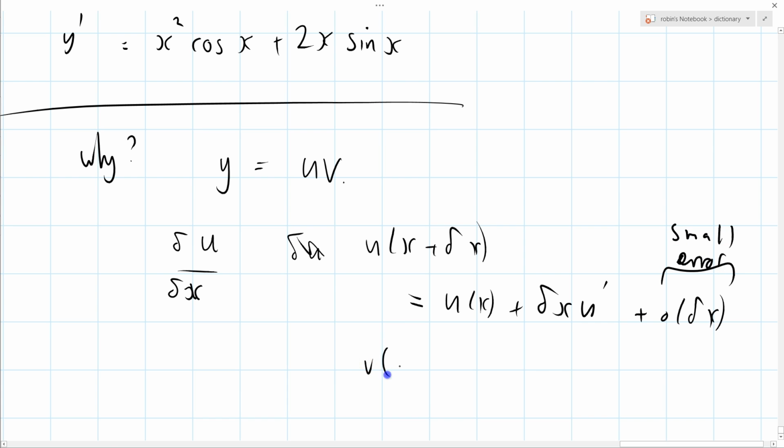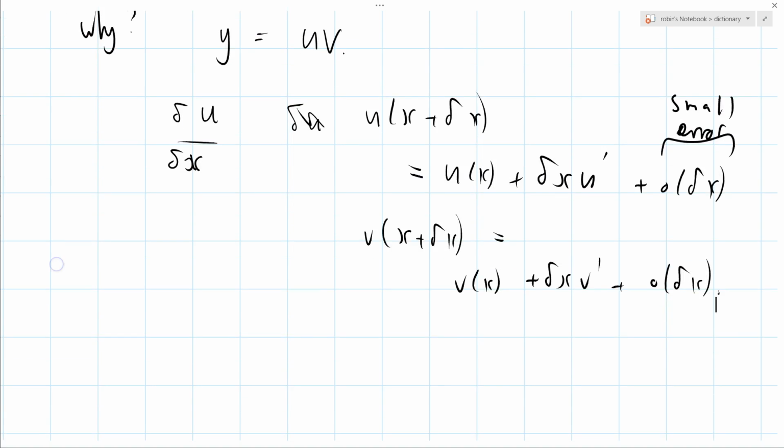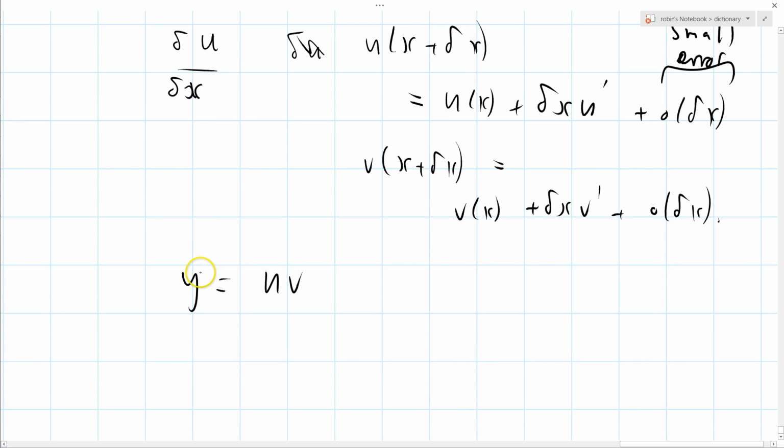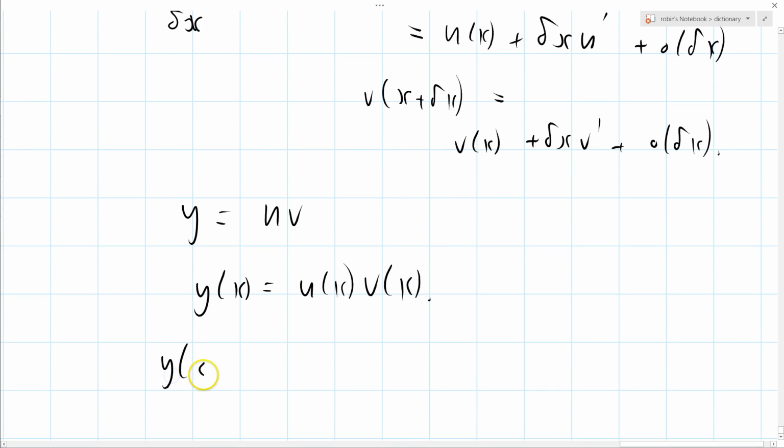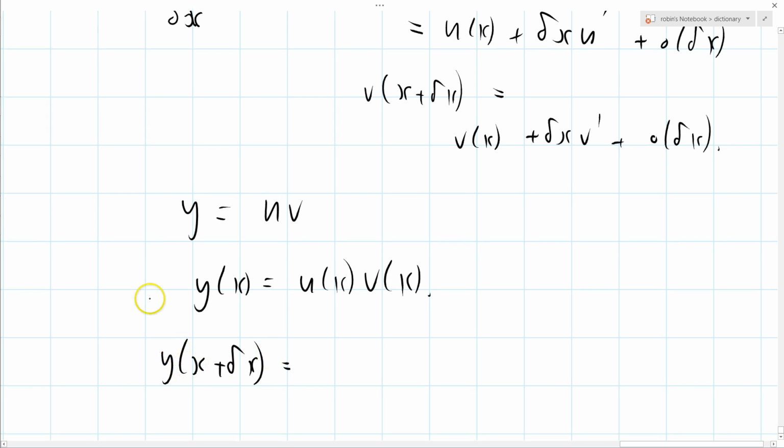And of course, v of x plus delta x equals v of x plus delta x v dash plus little o of delta x, just the same formula, which I'm going to ignore. Alright, so if y equals uv, what I mean is y of x equals u of x v of x, then what's y of x plus delta x equal to? How much has y increased?